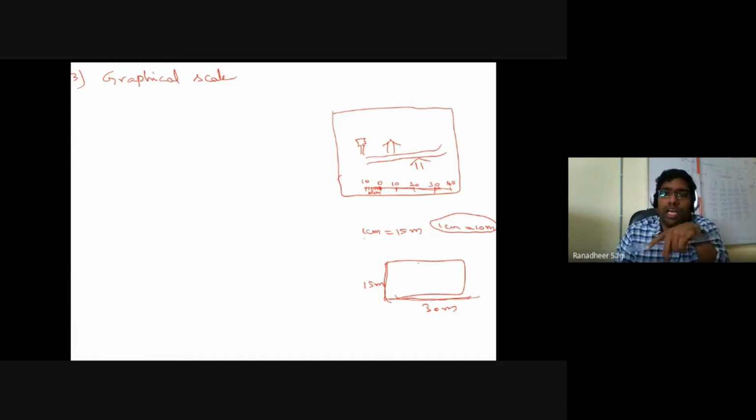So 30 meters after conversion onto the map, according to the chosen scale, how many centimeters of dimension do I have to indicate? Let's say I have to indicate a 2 centimeter dimension. So all these dimensions I have represented on the graph sheet, let's say they are in mm.